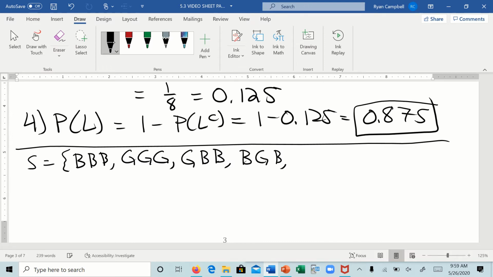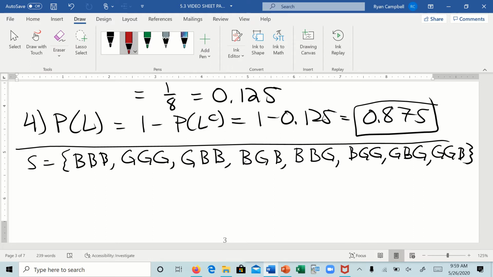So you can have one girl where she's first, second, or third. And then one boy where he's first, second, or third. These are the only ways to get all of the 3 kids.